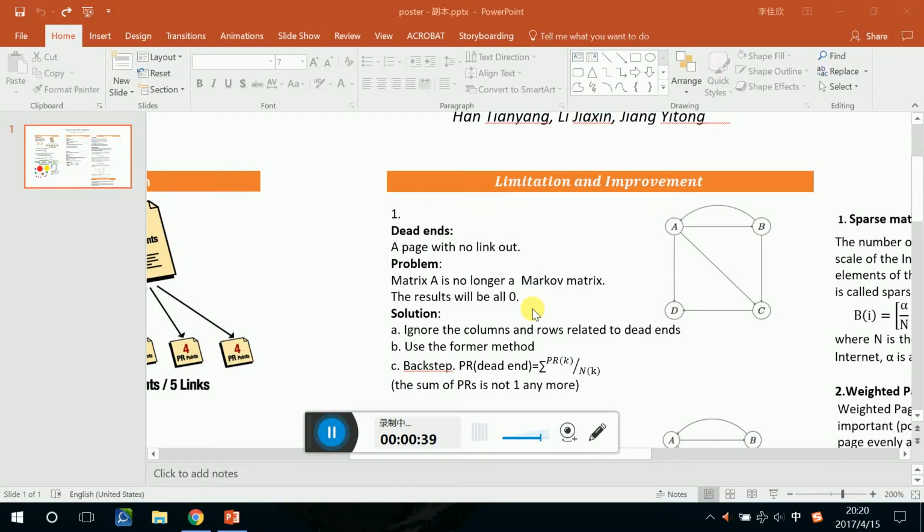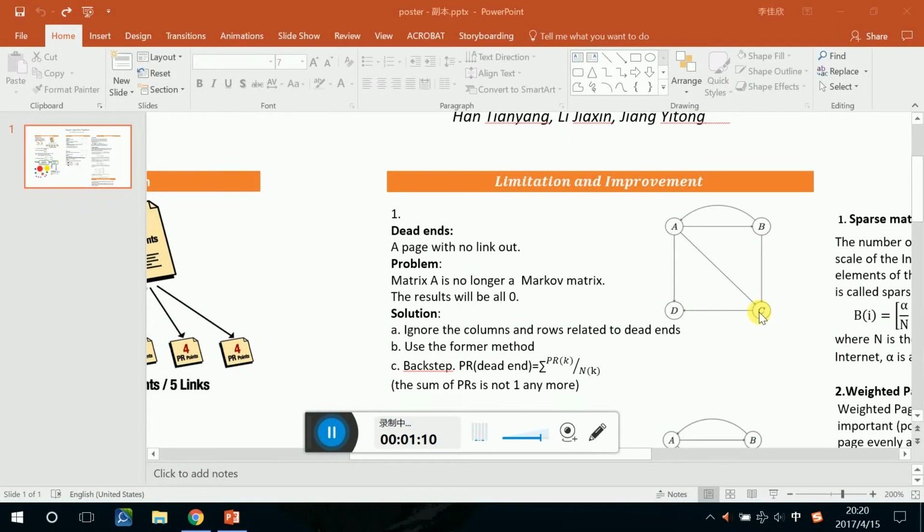First, we ignore the columns and rows related to the dead ends. In this example, the matrix A is now a 3 times 3 matrix instead of a 4 times 4 matrix. Then notice that there may appear more dead ends in the process. For example, if we remove D, then now C is a new dead end.